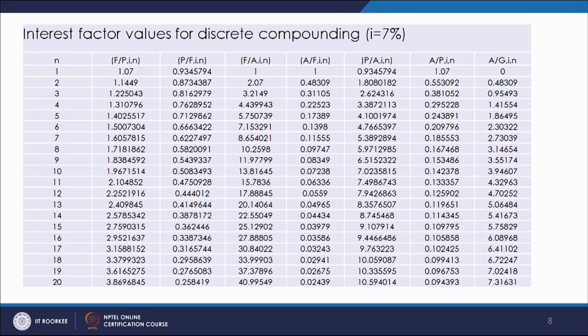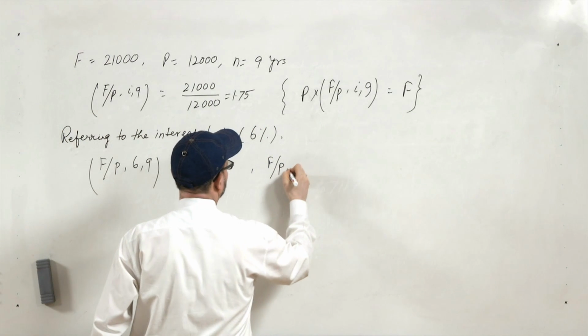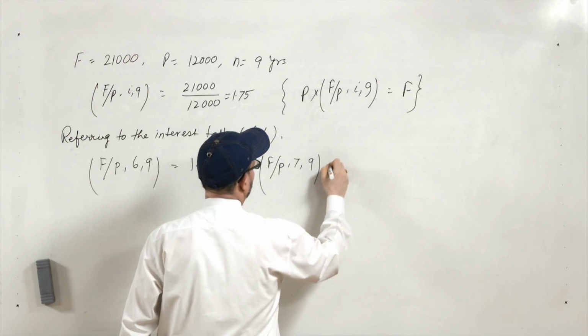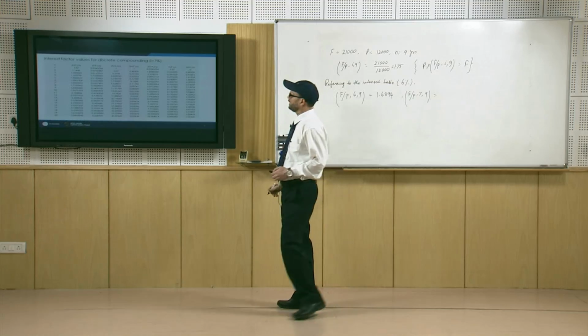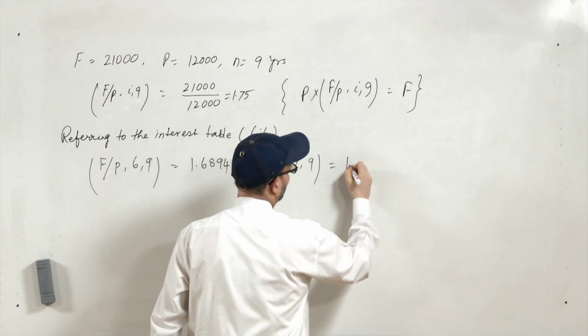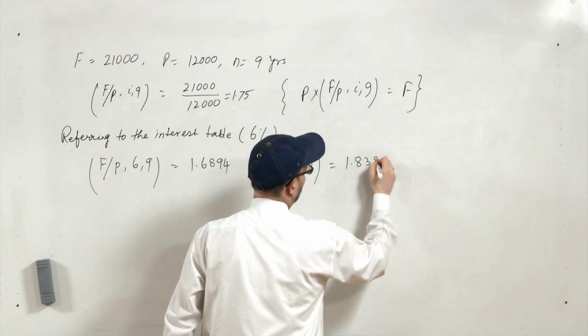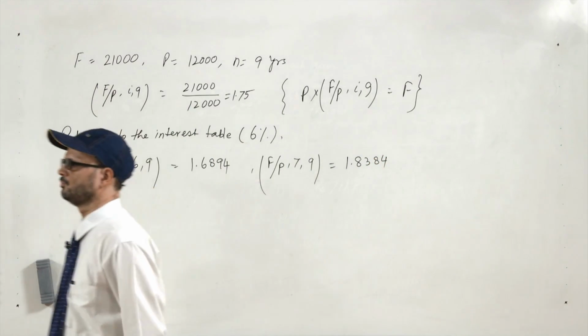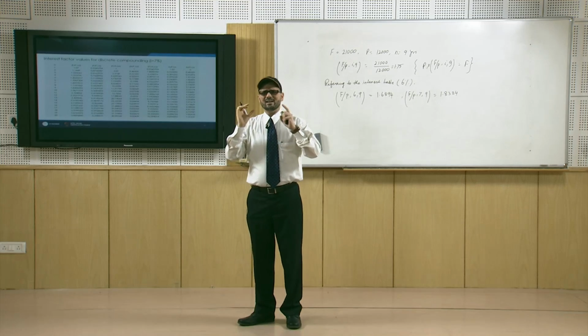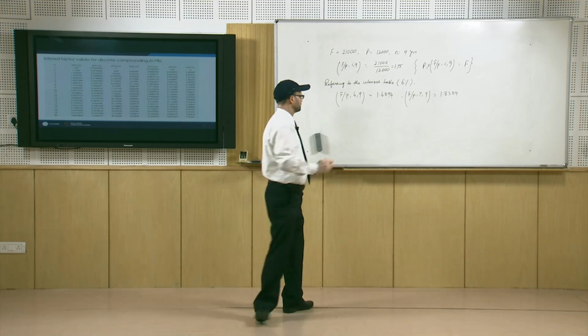So, F by P, 7, 9 is coming as 1.8384. So, it means the real interest rate lies between 6 and 7%.